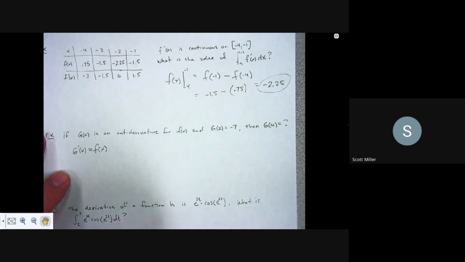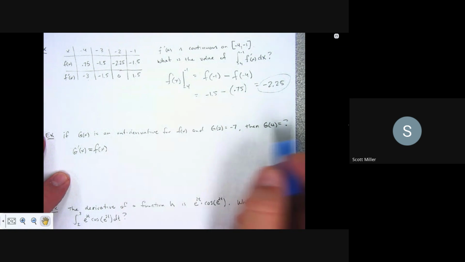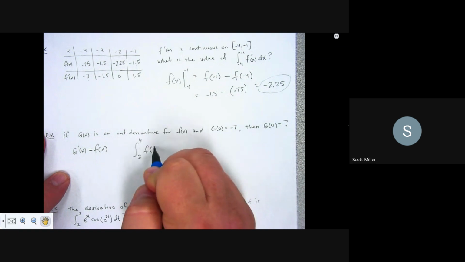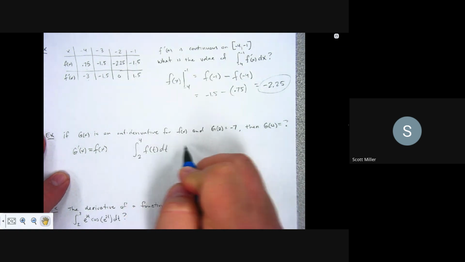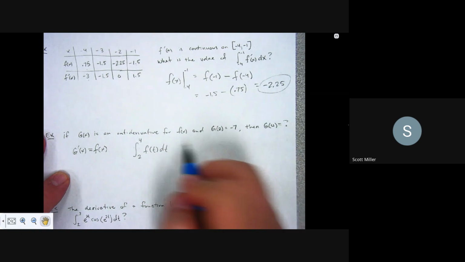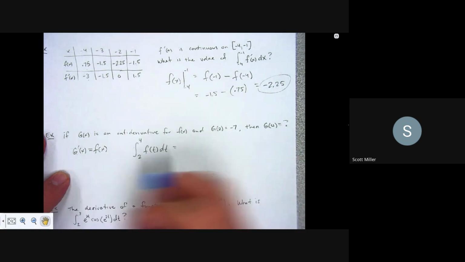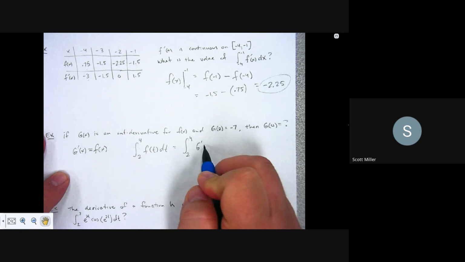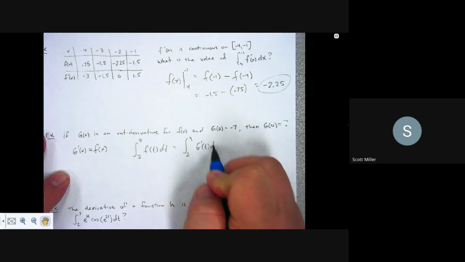So, what is the integration from 2 to 4 of f of t dt? Since f equals that, then I'm integrating from 2 to 4 g prime of t dt.